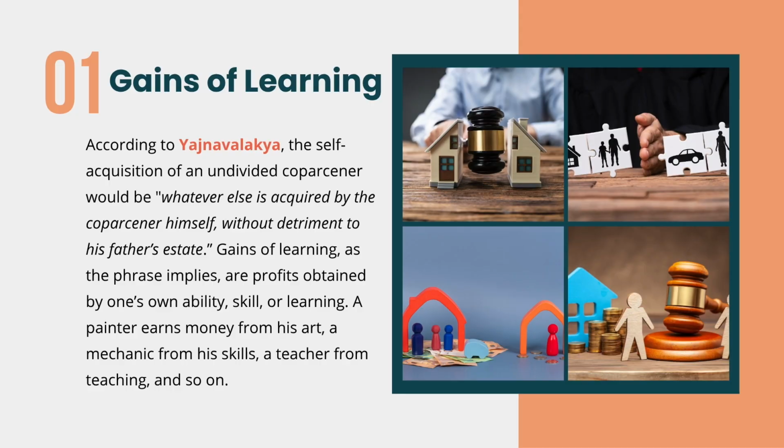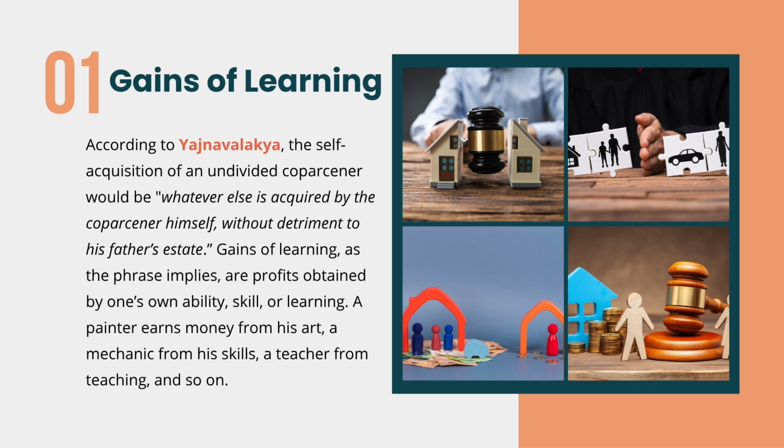Firstly, gains of learning. According to Yajnavalkya, the self-acquisition of an undivided co-partner would be whatever else is acquired by the co-partner himself, without detriment to his father's estate. Gains of learning, as the phrase implies, are profits obtained by one's own ability, skill, or learning.